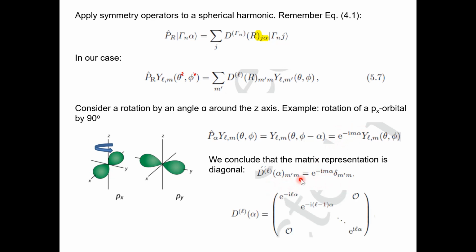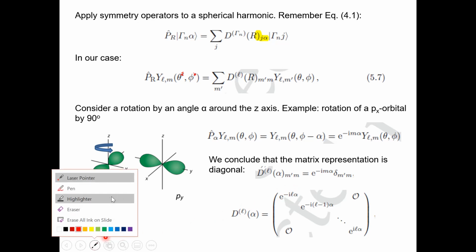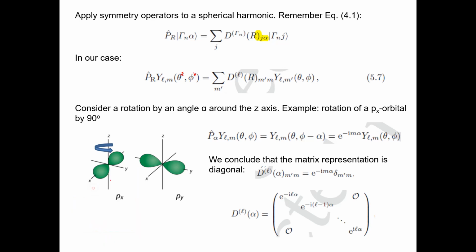This is the matrix because of the different values of m. Remember that m runs from minus L to L, going from minus L plus 1, etc., until L, so 2L plus 1 values of m.